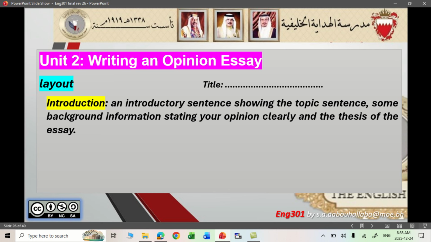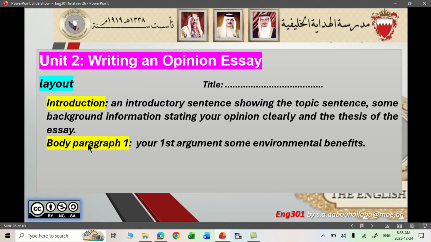So what comes after the introduction? You are going to divide it into a number of body paragraphs. In body paragraph 1, you are going to mention your first argument. Okay, first argument, and it is usually, depending on the ideas in the book, about the environment, so environmental benefits for something.